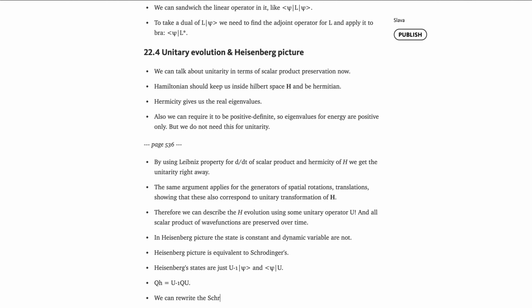Okay, so we can rewrite the Schrodinger equation and obtain the Heisenberg equation, and instead of having the wave functions there, we have Q of h, the corresponding observable for Q, wrapped in the differential equation, basically.